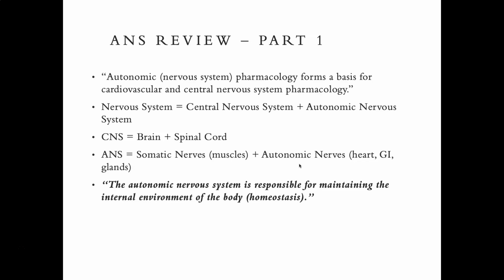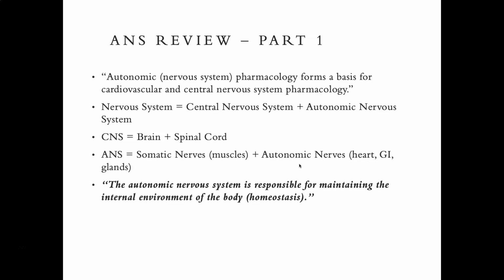All right, so the nervous system, if you think back to anatomy and physiology class or even medical terminology class, the nervous system is made up of two main parts, the central nervous system and the autonomic nervous system. Okay, so in your mind, the equation should be central nervous system plus autonomic nervous system equals the body's nervous system. The central nervous system, or the CNS, is made up of the brain and the spinal cord.